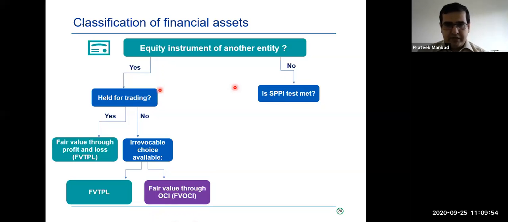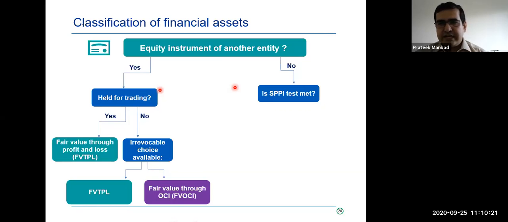Yes, there is principal. Does it have interest? It does have interest. But there is a conversion option into equity shares. Now, that conversion option, or the value of equity, is what is driving the value of the instrument. For such instruments, the standard says SPPI is not met.